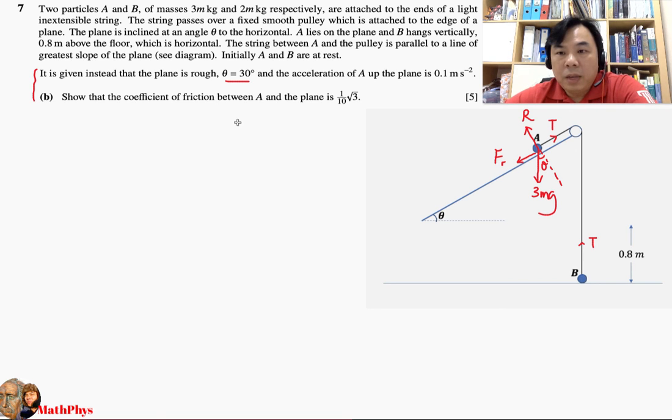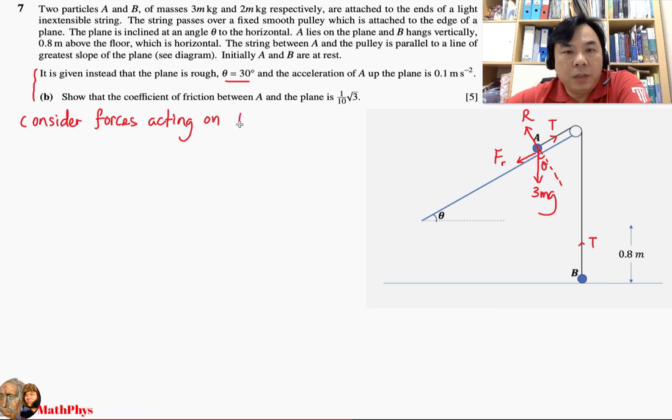Now the same idea here, we get to consider each object separately. So we're going to consider B. Consider forces acting on B first. And then at the same time, we're going to use Newton's second law.